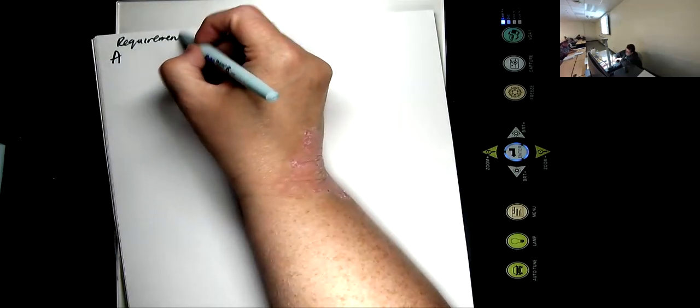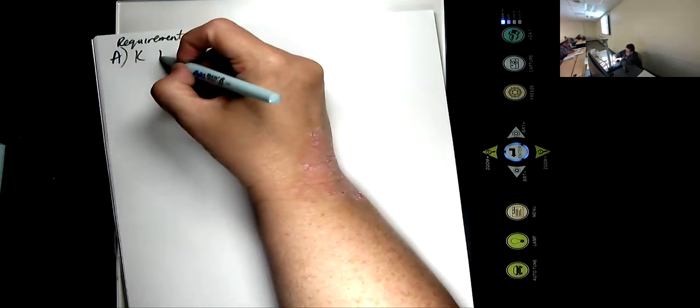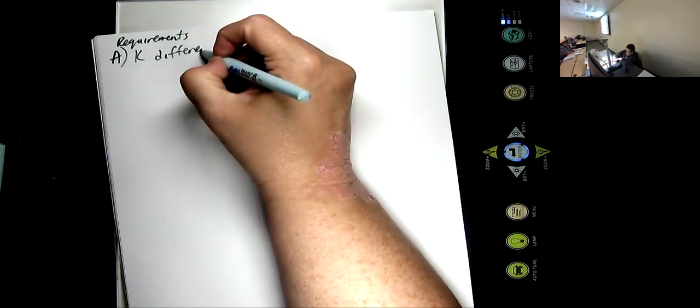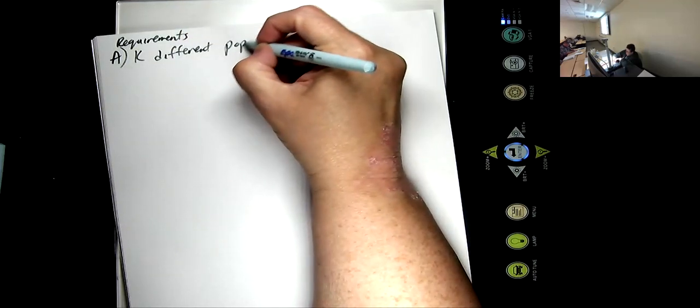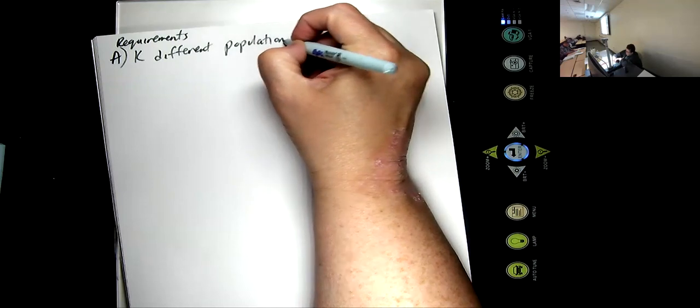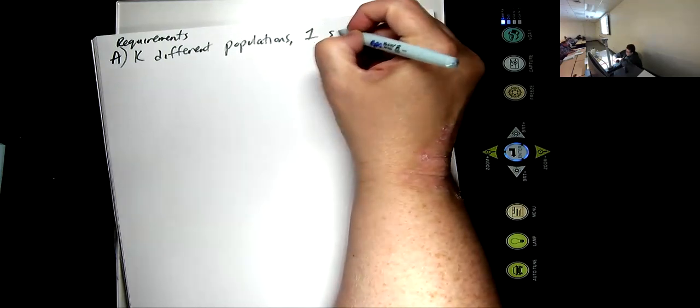We're doing ANOVA. We're talking about the requirements. I already said one of them. Requirements: we need K different populations, with one sample from each group.